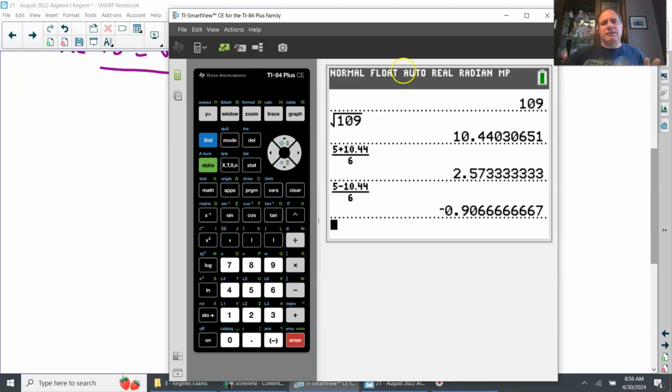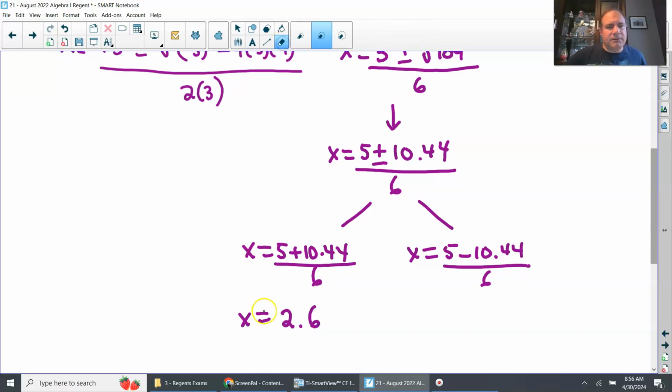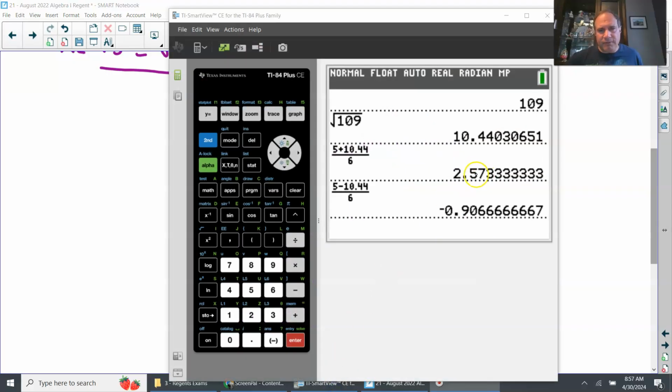So it says round to the nearest tenth. So the 2.57 would be 2.6. And if you put a wavy equal sign, that means it's approximately. So you just look at the calculator, 2.57. They want you to round it. It's 2.6.